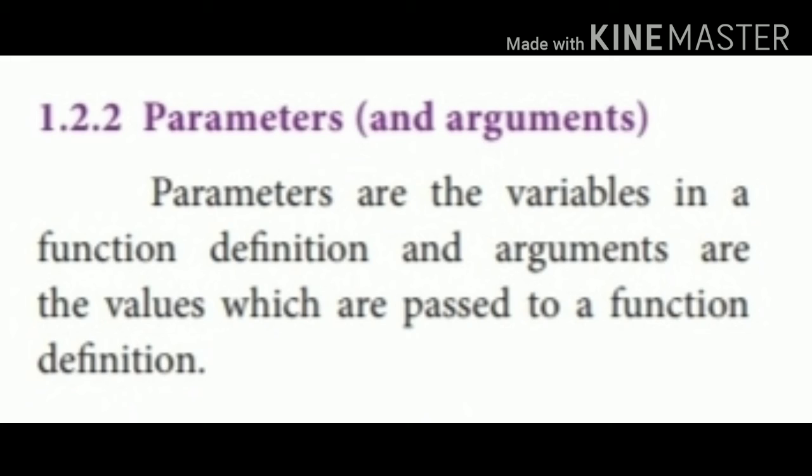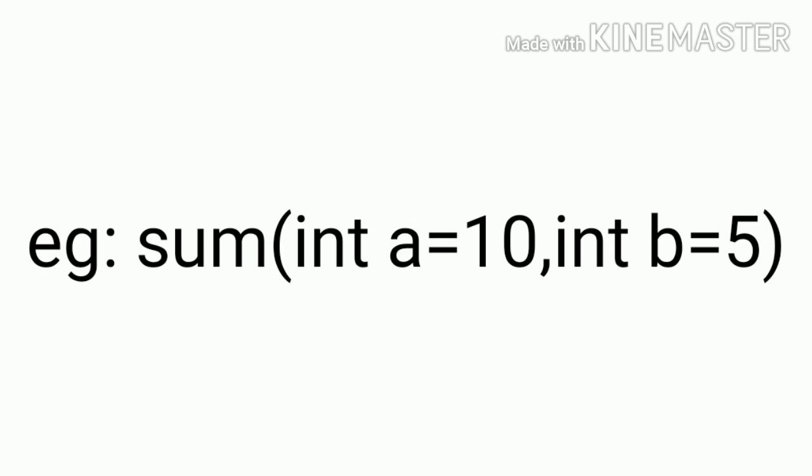Next one is arguments. Arguments are the values which are passed to a function definition. For example, sum of int a equal to 10 comma int b equal to 5. Here parameters are what? a comma b, that are variables of this function definition.